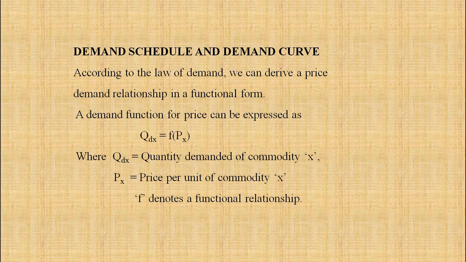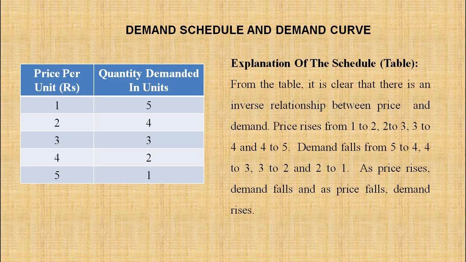A demand function for the price can be expressed as QDX is equal to function of PX, where QDX is the quantity demanded of commodity X, PX is the price per unit of commodity X, and F is the functional relationship. Now let us understand demand schedule.